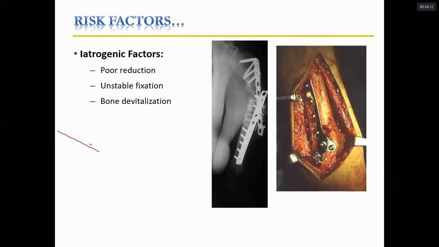For children with a supracondylar fracture, putting K-wires is accepted, but in a 35 year old adult patient with a supracondylar fracture, if you fix with only 2 K-wires, that is not accepted. That form of fixation is very much unstable, and it can go into non-union. Or excessive bone devitalization, doing a massively open technique.